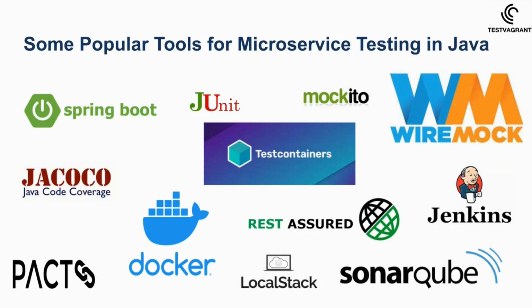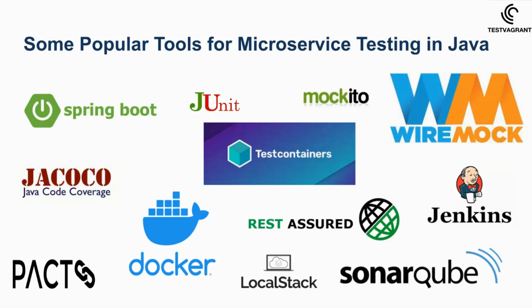LocalStack will help you develop faster by having a local copy of these clouds. So without the need of hitting the real cloud servers, you can test your integration with them locally. It helps a lot when you are writing integration tests for a Java-based microservice.